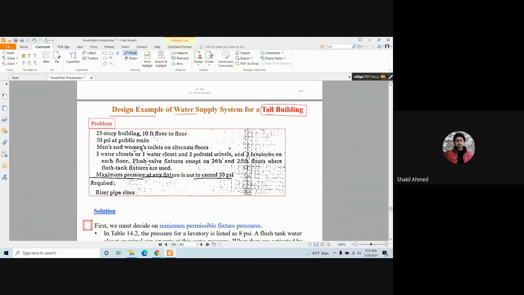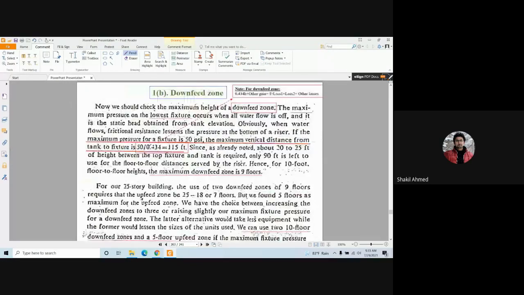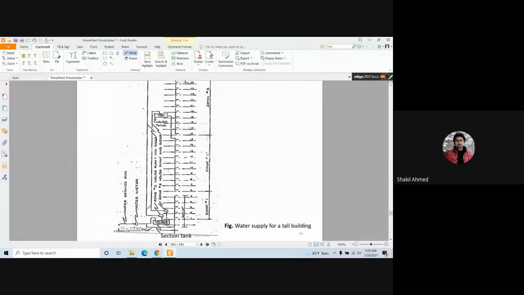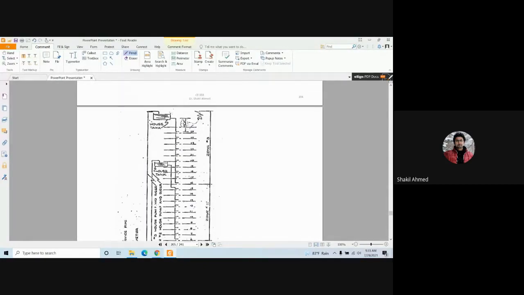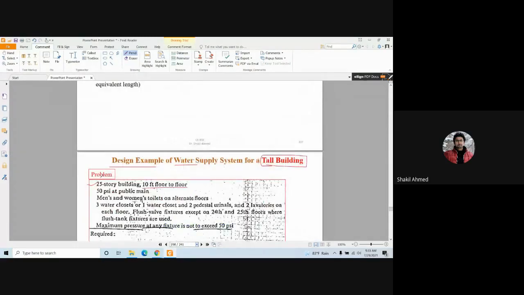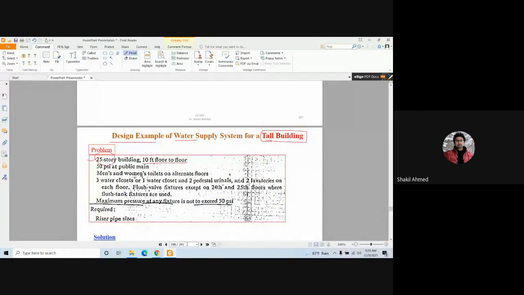So we have a 25-story building, 10 feet floor to floor, 50 psi at public main.